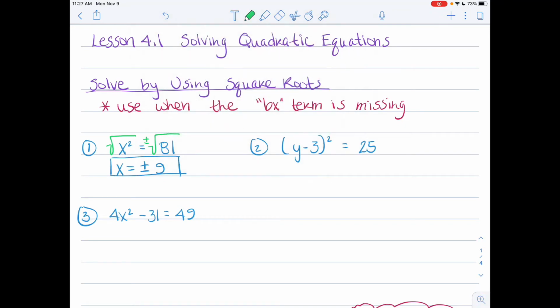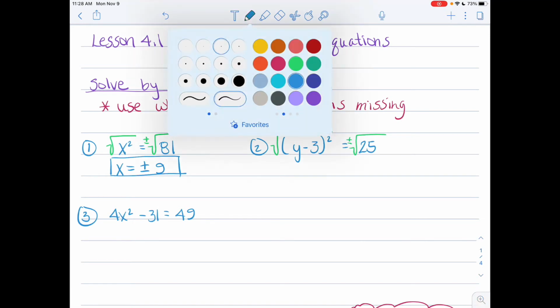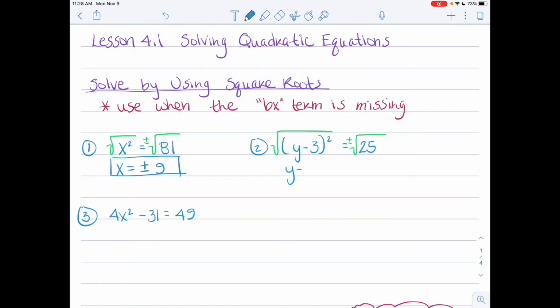This next one has a little more to it, but we can still see that we have something squared on the left-hand side and a constant on the right. So I'm going to take the square root in order to solve, and again, remember my positive and negative. This time I'm going to end up with y minus 3 is equal to positive or negative 5.